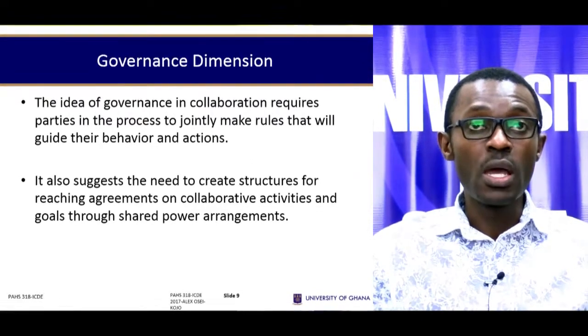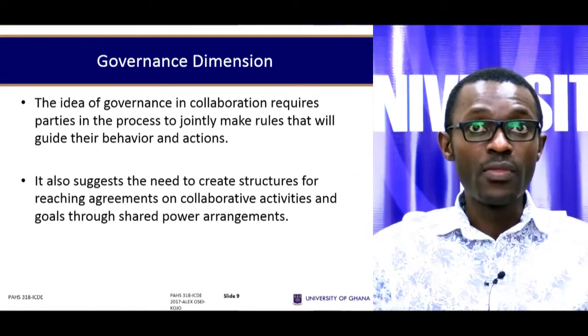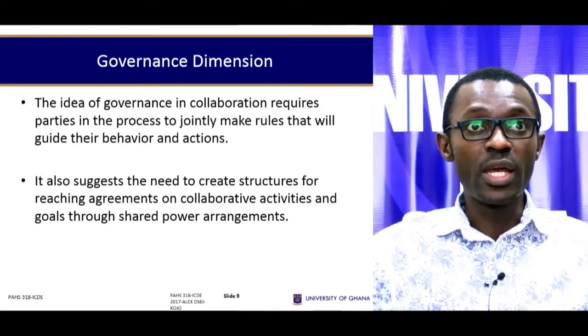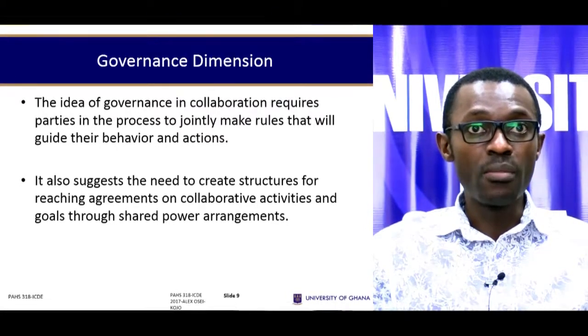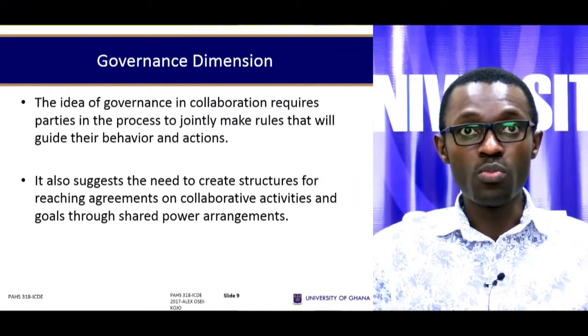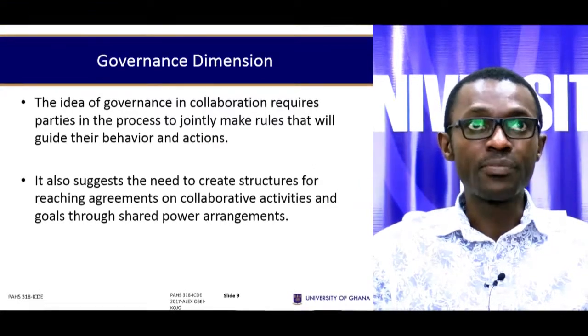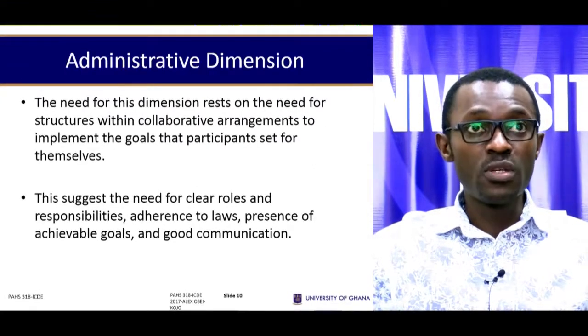And in order for their relationship to work, there is a need for rules to guide that kind of relationship so that they can all be checked, in order to be able to achieve their objectives. On this basis, the rules are made by them and they check each other to make sure that they are all in line.